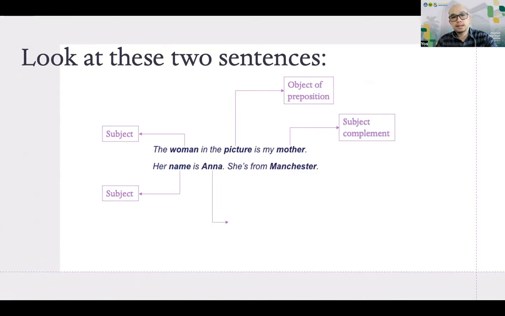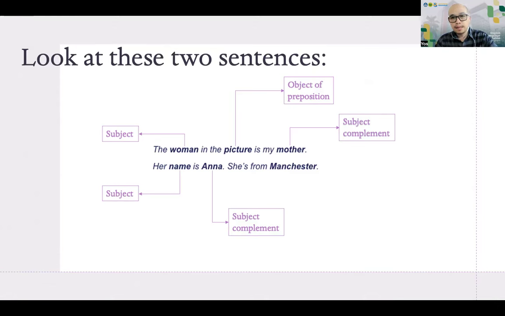Anna gives more information about the word name, like in her name is Anna. That's why it is the subject complement. It complements the subject name. It gives more information to the subject name.